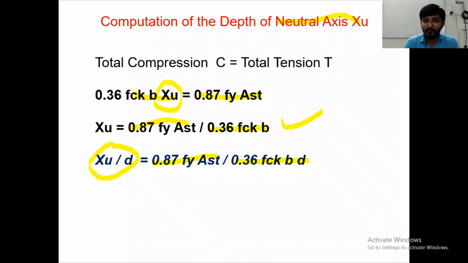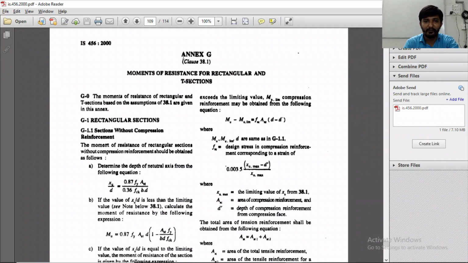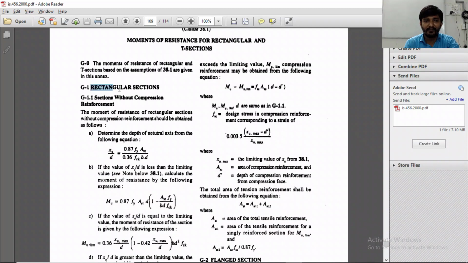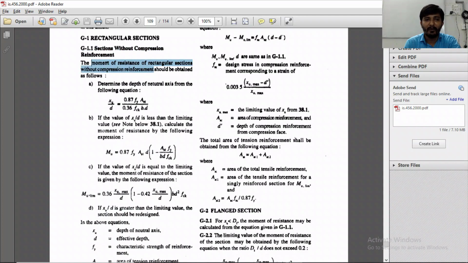Now you can find this xu formula in the IS code also. So let us go to the IS code, and if you see Annexure G, for rectangular section G.1, sections without compression reinforcement, this is for under reinforced sections, right? The moment of resistance of rectangular sections without compression reinforcement should be obtained as follows.